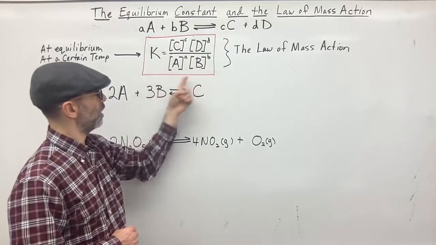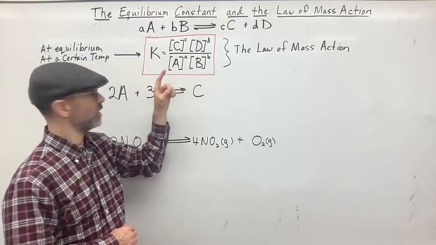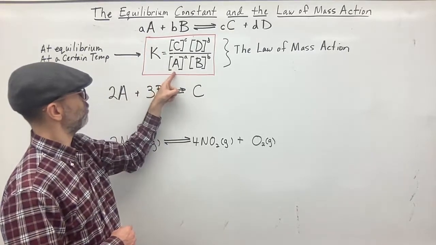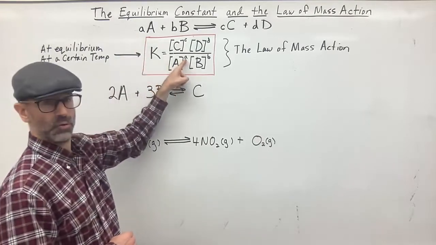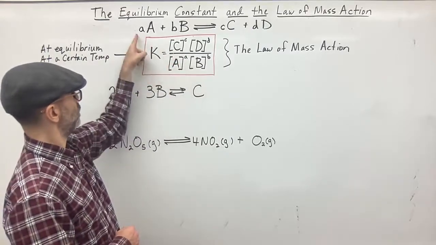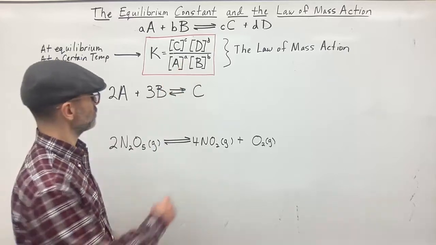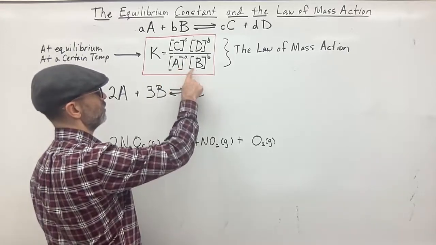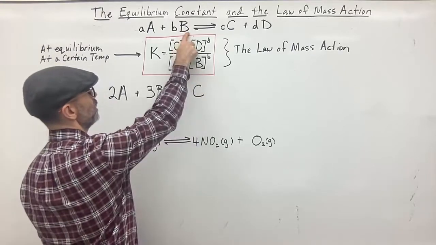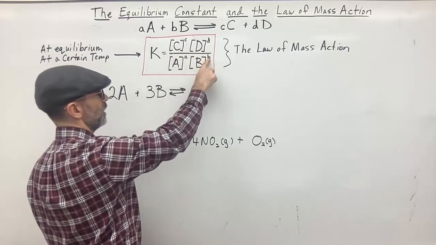And on the bottom of this ratio, you have the reactants. In this case, you have the concentration of reactant A, capital A, raised to its coefficient. So the coefficient of the A now becomes an exponent. So you have the little a as an exponent, and that A concentration is multiplied by the concentration of B, capital B, raised to its exponent, little b.